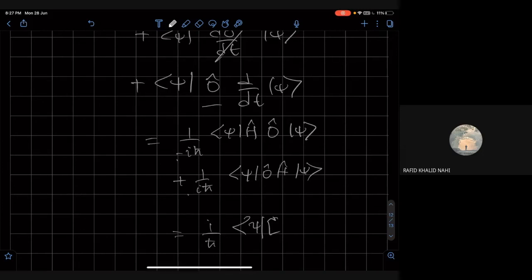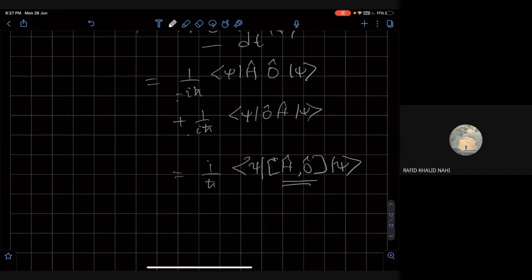Then we have the commutator of H and O. But what did we say about the commutator of H and O? They commute, so this is 0. So when O is an operator which commutes with H, its expectation value does not change with time.